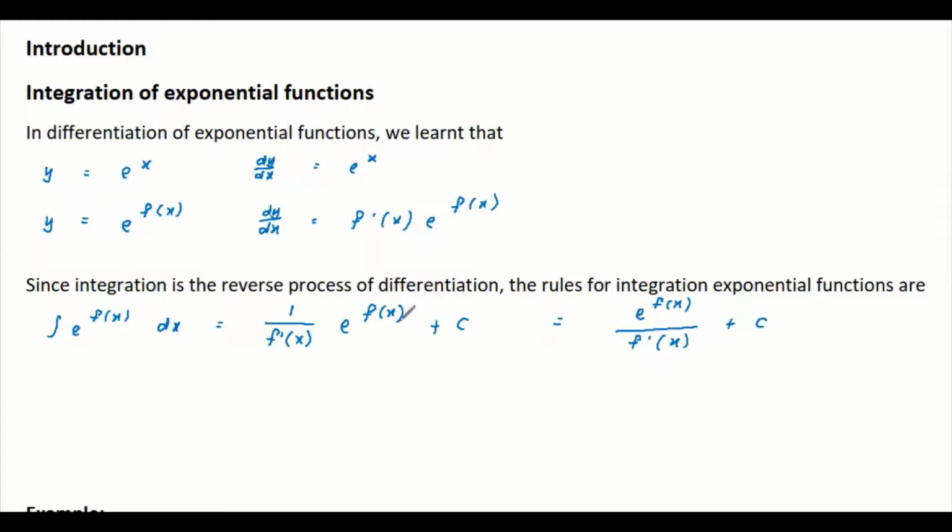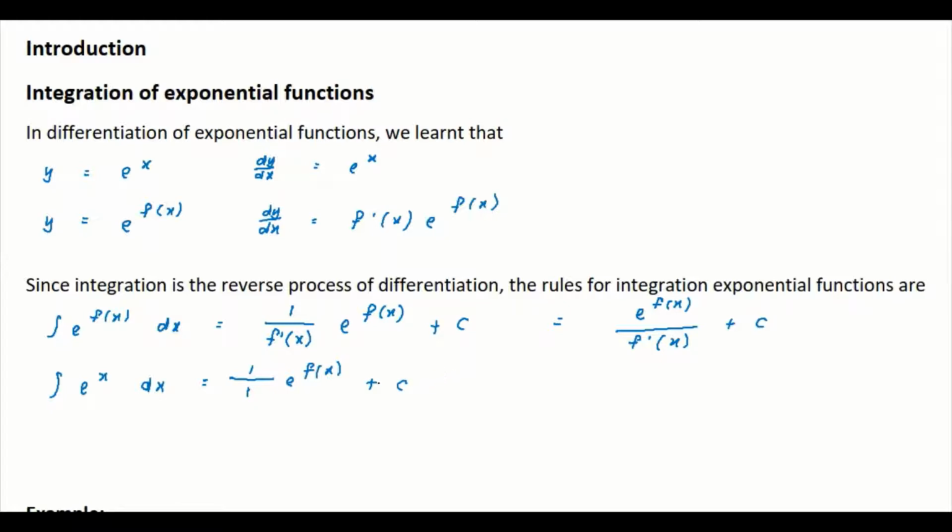So from here, let's say I want to integrate e^x, then what do I have? You can imagine 1 over the derivative of the function. In this case, your function is x, so you differentiate x, you get 1. Then it is exactly the same thing, plus c.